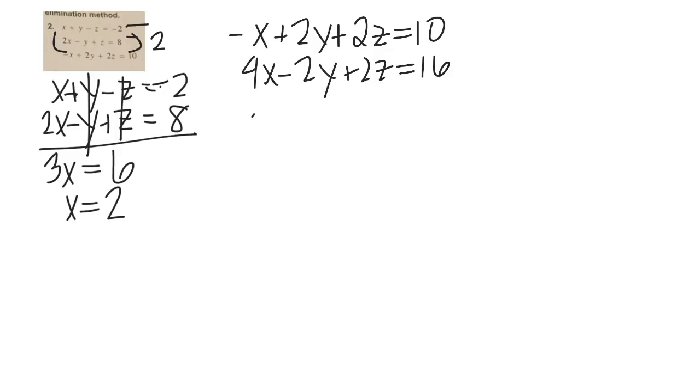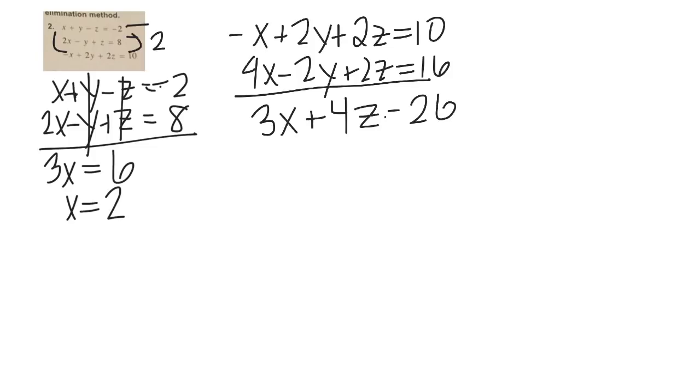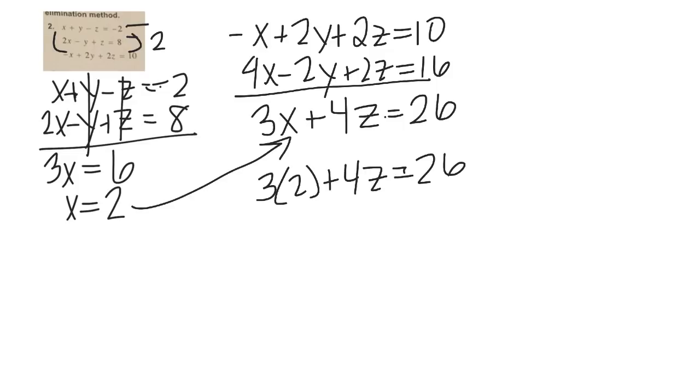So I get 3x plus 4z equals 26. And now I know what x is, so I can make that 3 times 2 plus 4z equals 26. And 6 plus 4z equals 26.